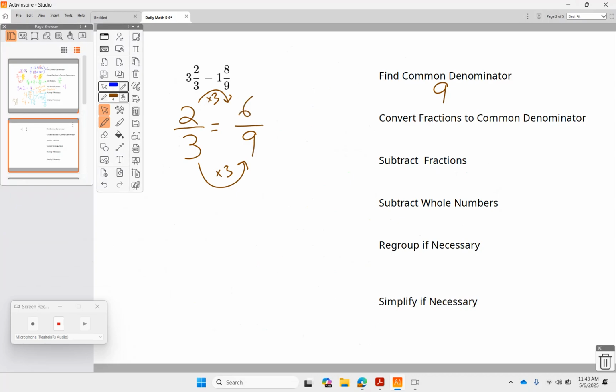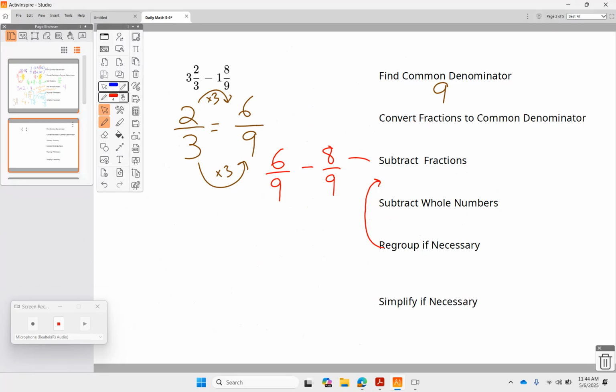Okay? So right now for our next portion, when we're going to subtract the fraction part, we have 6/9 minus 8/9. And we cannot do that because 8 is larger than 6. So this is where we're going to have to bring in our regrouping.